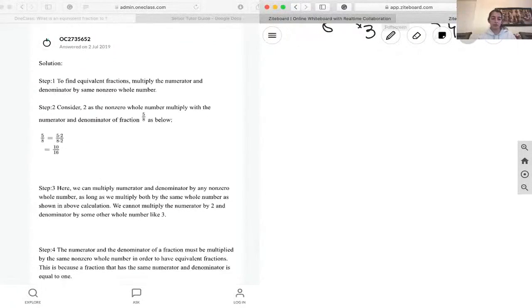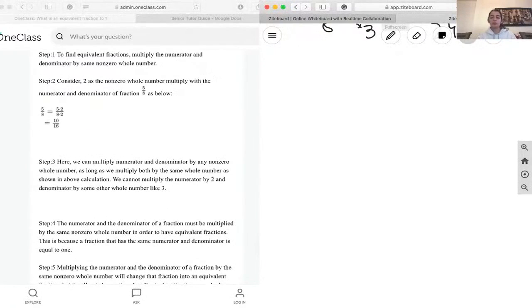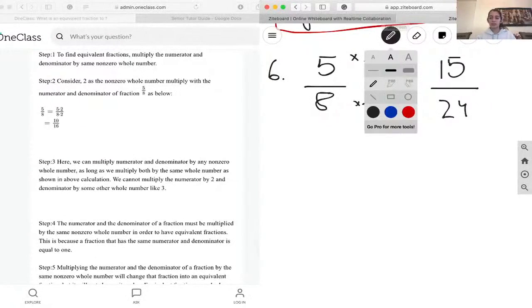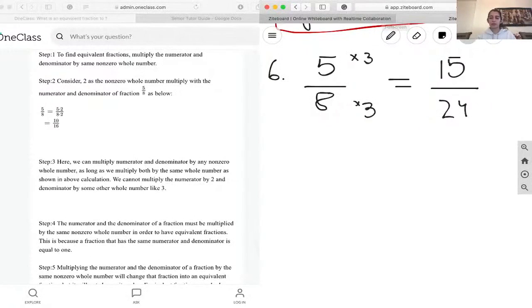Okay, so here we can do the same thing. The only thing that we can't multiply this question by is 0, because you can't multiply a fraction by 0. We can do another example with the same question, so 5/8.